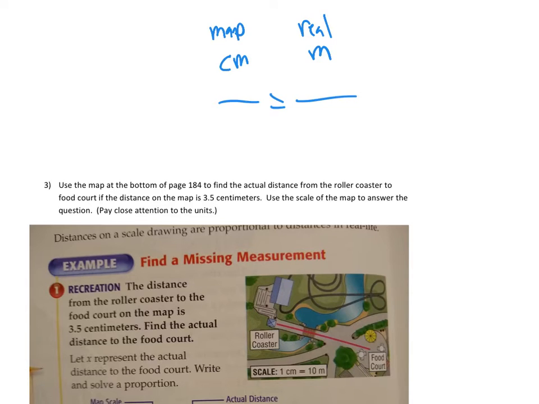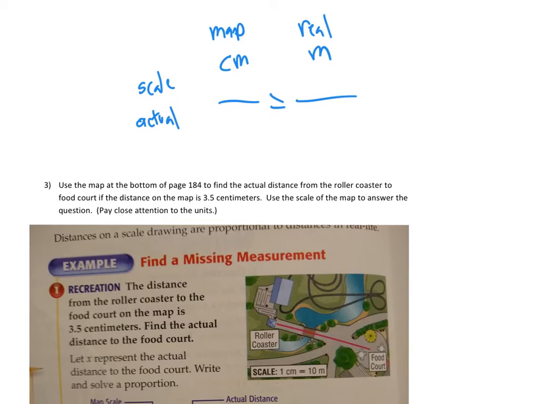And then we also know that we have a particular distance that we do know, and we have a particular scale that we know. So we're going to have our scale, and then we're going to have our actual distances that we're trying to find out.